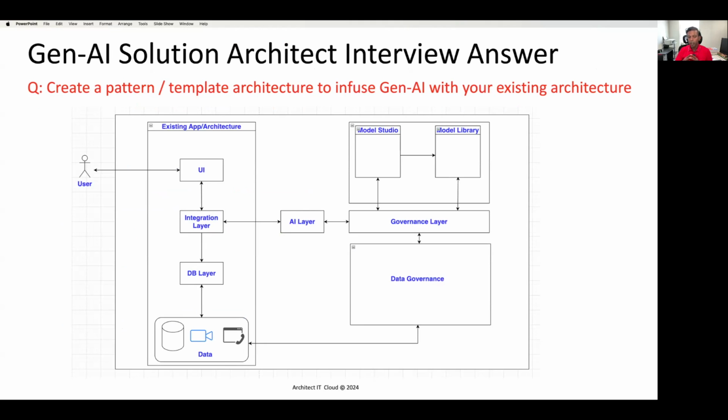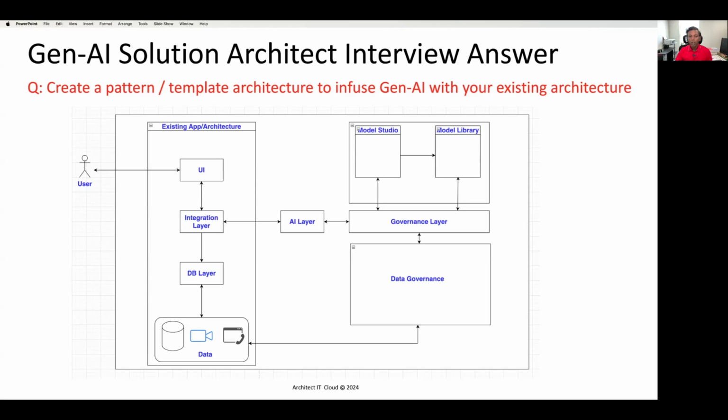When you answer this type of question for the interviewer, you can explain it in different ways, but this is one of the ways you can quickly explain how you're going to integrate the generative AI solution with your existing architecture. If you look at this, the user is your customer who is accessing the UI in your organization's key critical project, and that project has a UI, an integration layer, and a DB layer.